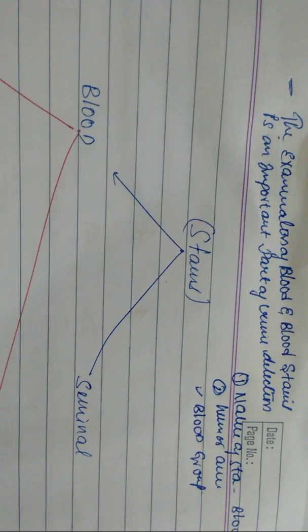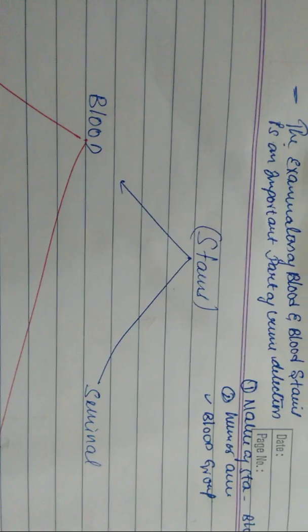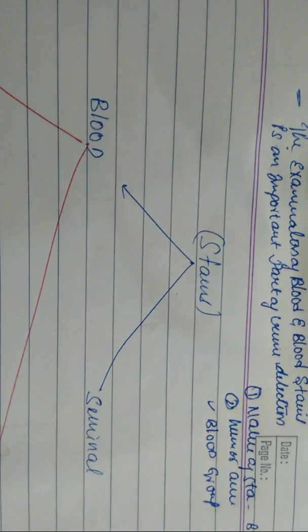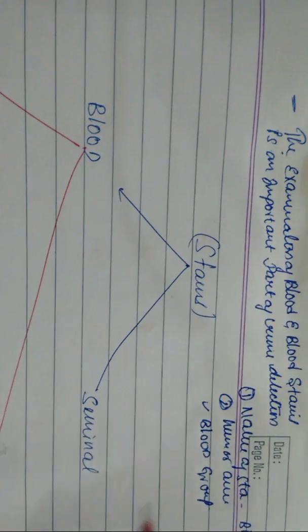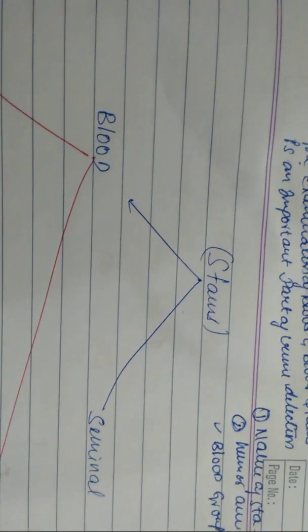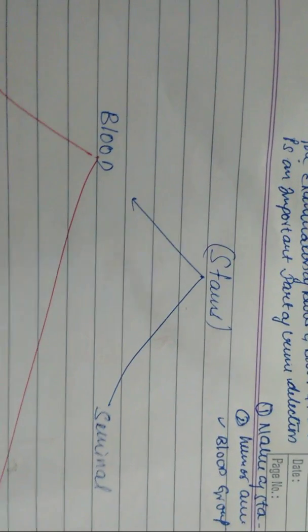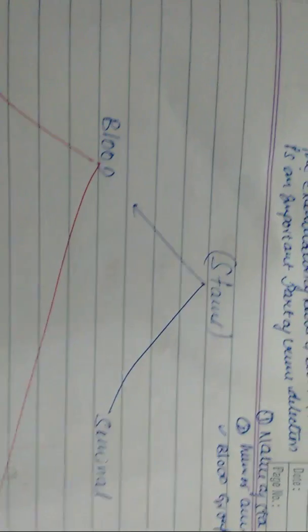But now in this session, let us understand the clear-cut concepts of the stains of blood. Let's say in the surroundings, in the crime area, you have blood and you have seminal stains. Let's see how we are going to tell that those stains are blood stains.